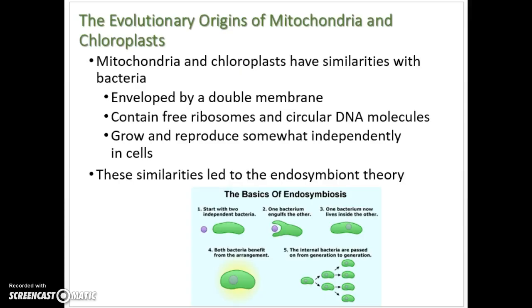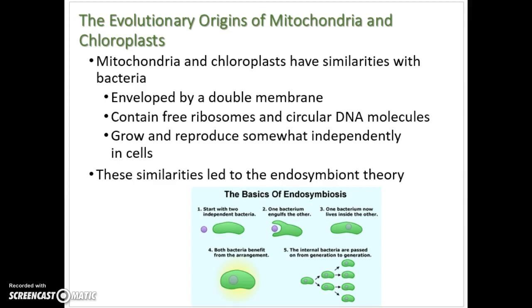Okay, so the next topic I want to cover is the endosymbiont theory. There is a theory that there are evolutionary connections between mitochondria and chloroplasts and bacteria. The thought is that those organelles at one time were simple bacteria that lived outside of a cell.